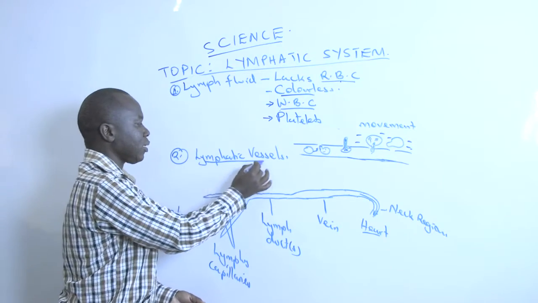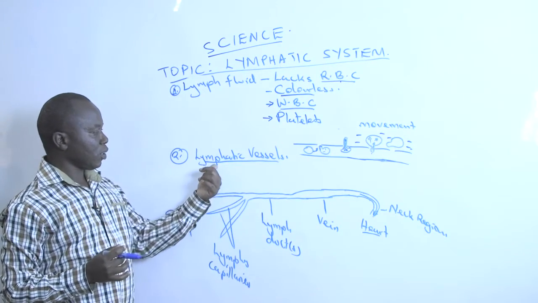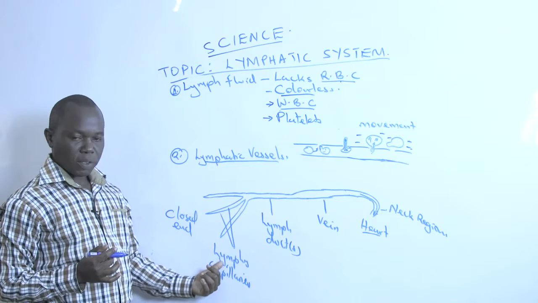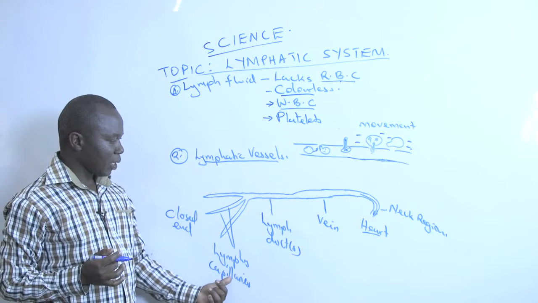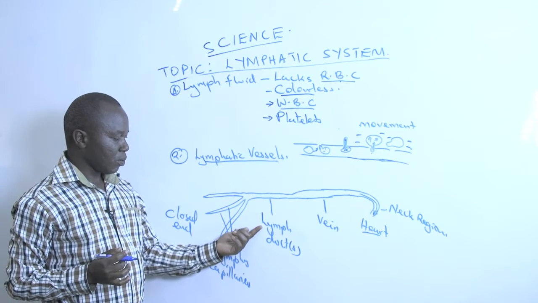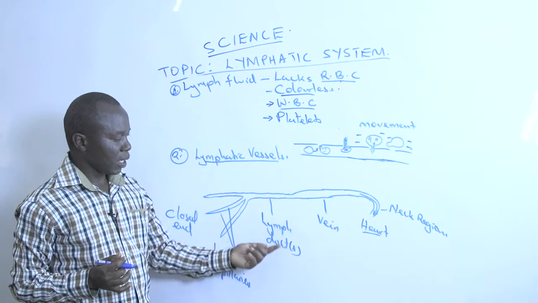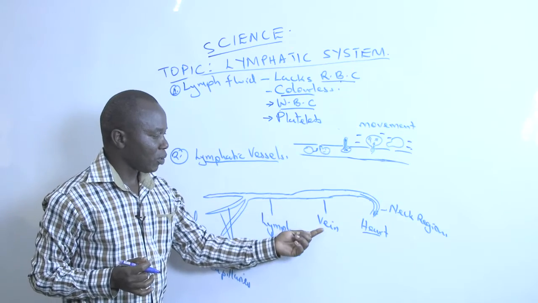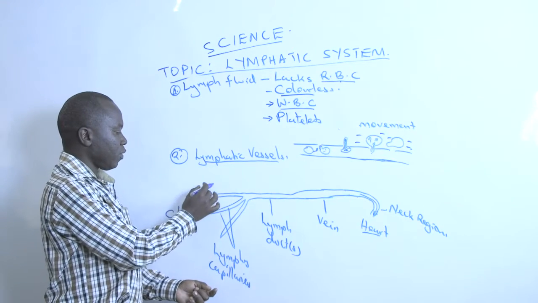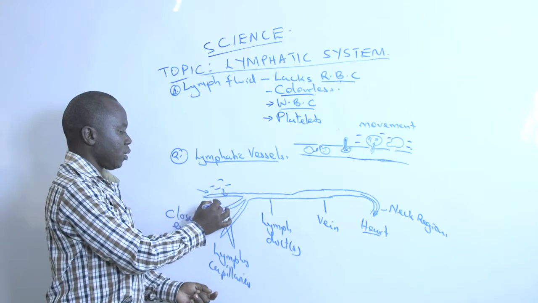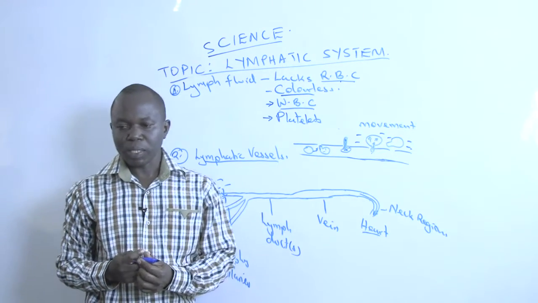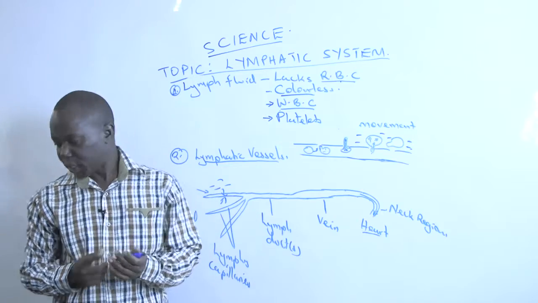So in essence, the lymphatic system consists of lymphatic vessels, which mainly consist of lymph capillaries that join together into lymph ducts, and then later into a vein, and drain this lymph fluid into the heart. We are going to look at it from our chart.